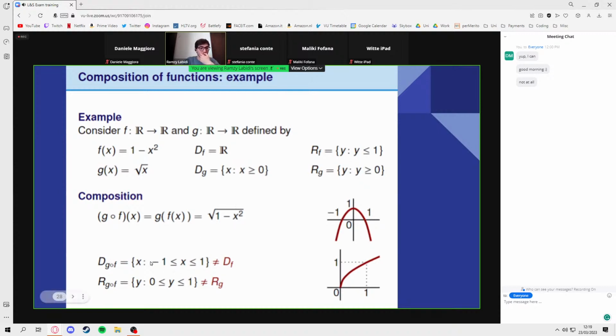And the domain can never be the domain of g, it's the domain of f, and the range can never be the range of g, which makes sense intuitively, because this changes the actual domain and range, since you change the expression.